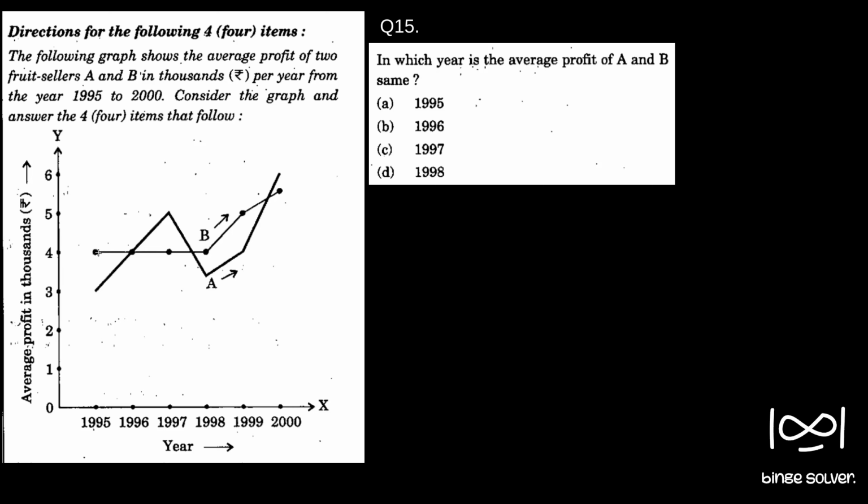If you see, this is the year at which the graphs of A and B coincide, and they both have the average profit of 4,000 rupees. So 4,000 rupees is their common profit, in the year 1996. So the solution is B. Now the next question.